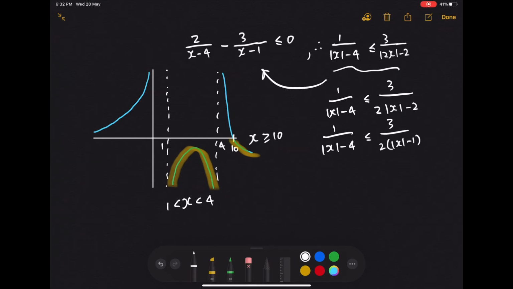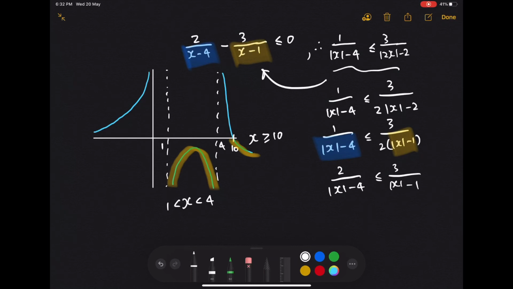So now you can see that I have something similar to here, and I have this section to be similar except for the 2. So I'm going to bring the 2 over to the other side, and that will get me to this. And now finally we have made it look the same as what we had previously.